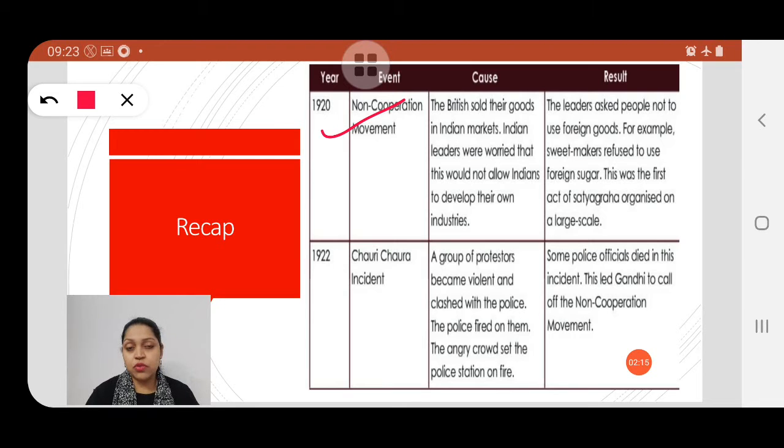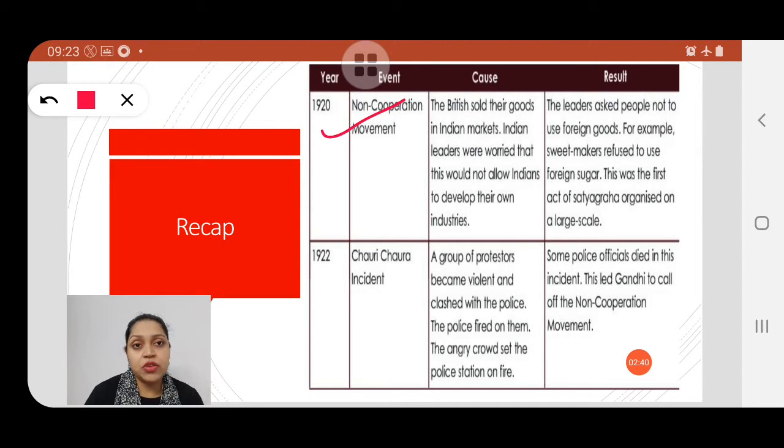We all know they used to do this, and the Indian leaders were worried that this would not allow Indians to develop their own industries. So the leaders asked people not to use foreign goods. For example, sweet makers refused to use foreign sugar. This was the first act of Satyagraha organized on a large scale.